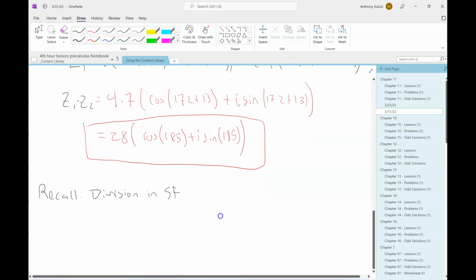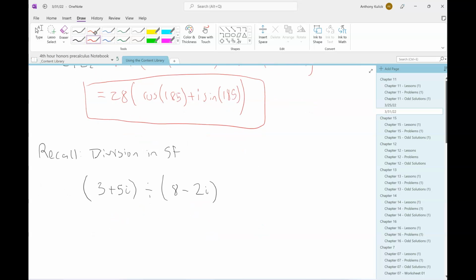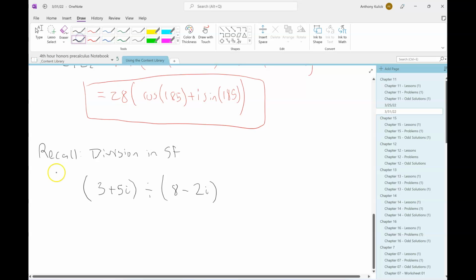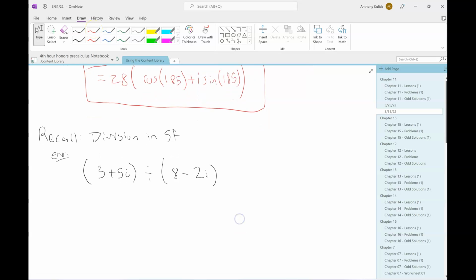So let's talk about division of two complex numbers in standard form. So let's say I have 3 plus 5i divided by 8 minus 2i.